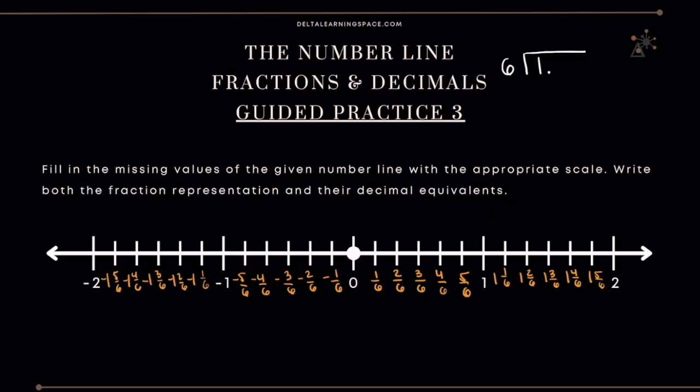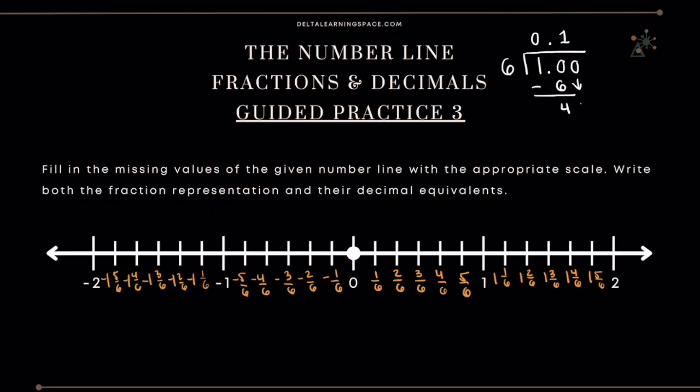I'm going to put a decimal here and just add a few zeros. 6 goes into 1 0 times, so I'm going to put 0 in a decimal and then go 6 into 10. 10 can be divided by 6 once. 1 times 6 gives me 6, and then I can subtract that out to get 4.